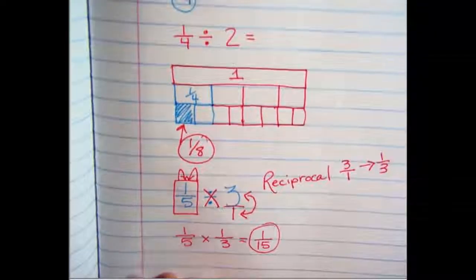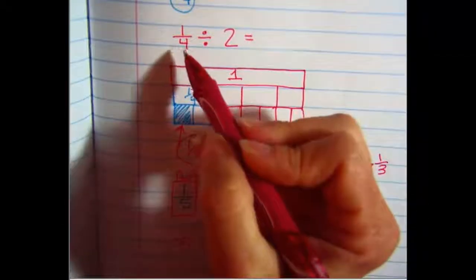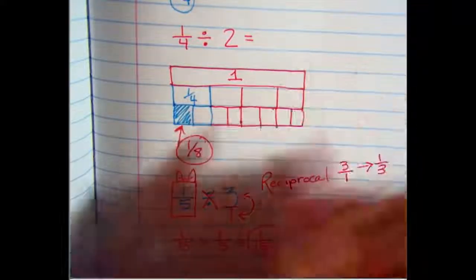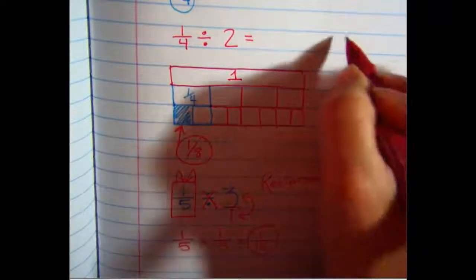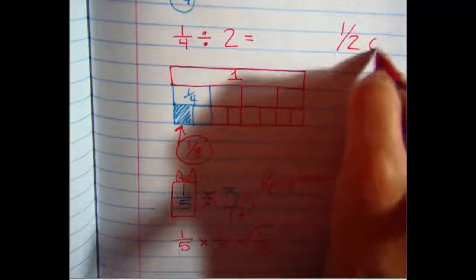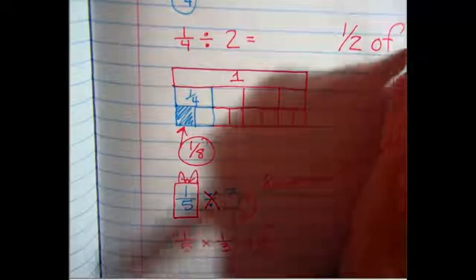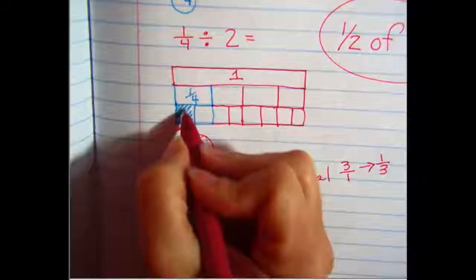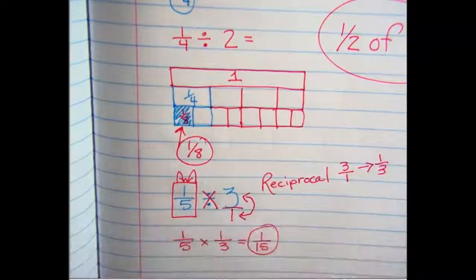The reason why we do this is because when we're doing 1/4 divided by 2, we're trying to figure out what 1/2 of 1/4 is. This is what we want to know. 1/2 of 1/4 is 1/8.